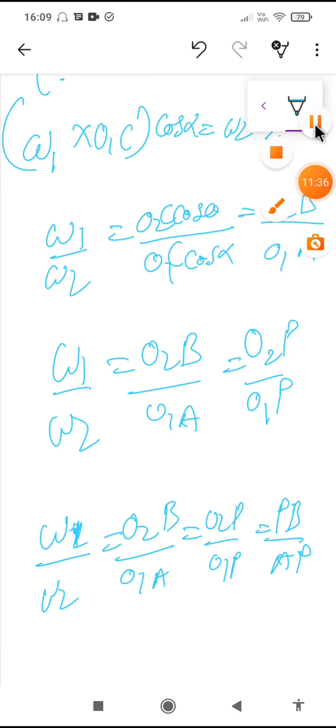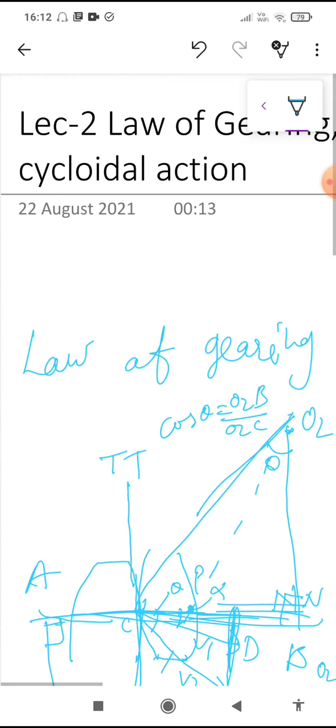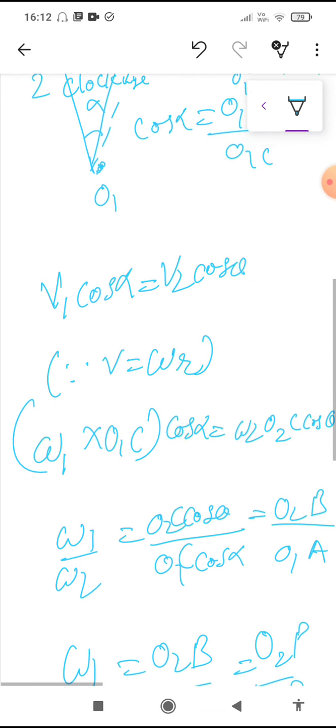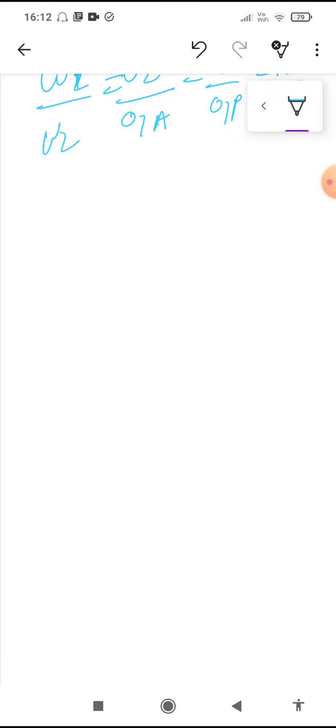Now we'll see the second topic of today's session, that is characteristics of involute and cycloidal action. So what are the characteristics for involute and cycloidal action? Before that, cycloidal and involute teeth forms.